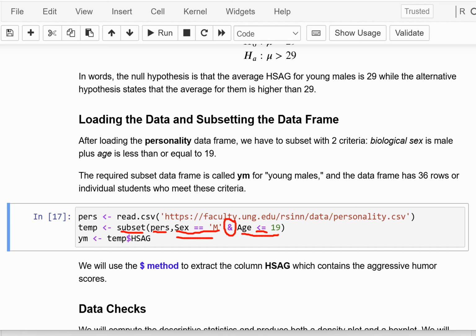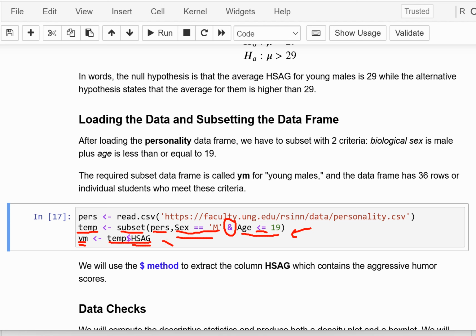Okay, what do we do? So we create the subset, which is temp. But remember, subset creates a data frame that's a subset of the original data frame. But temp is still a data set. What am I doing here? I'm using $ notation so that I pull out the aggressive humor scores for just these young males. So I do the subset first to get young males only.